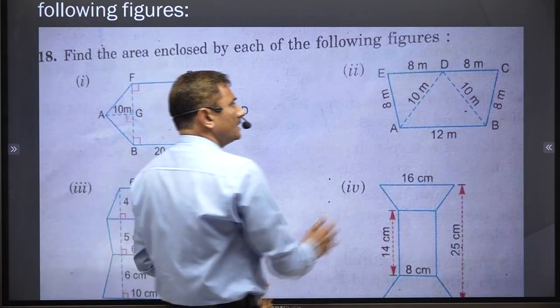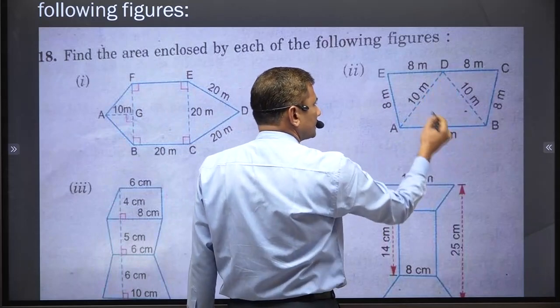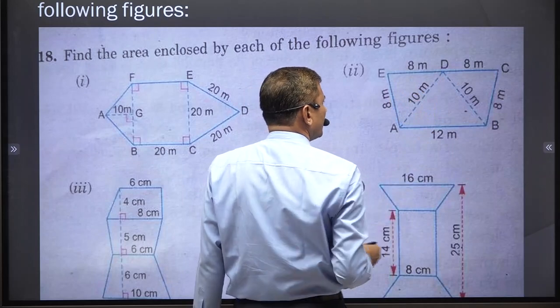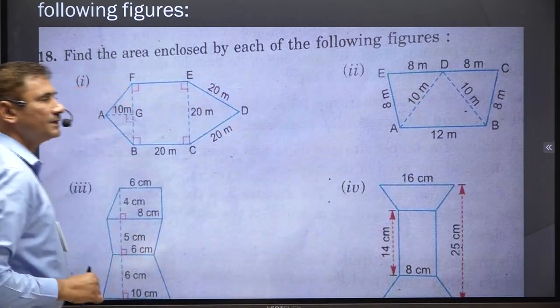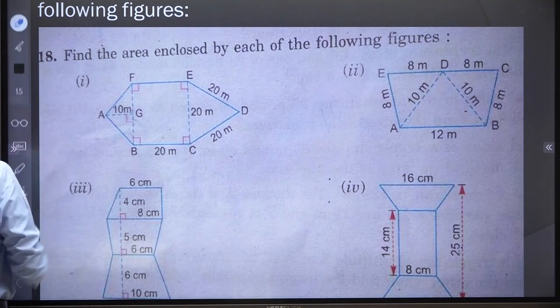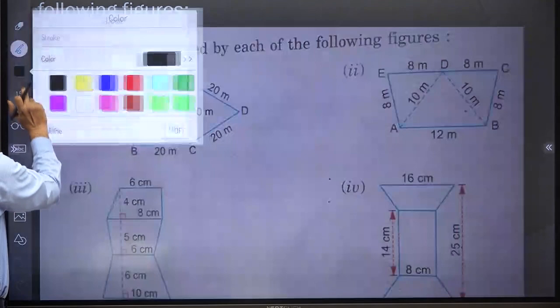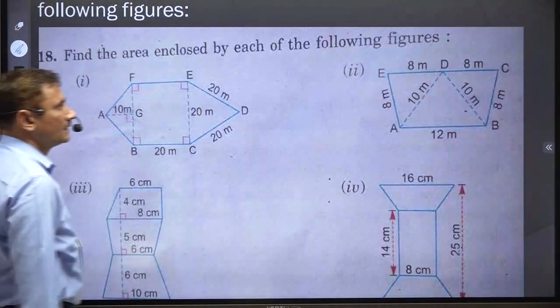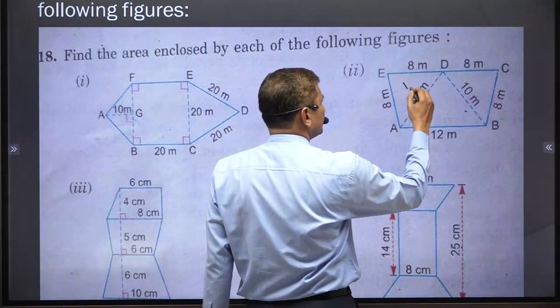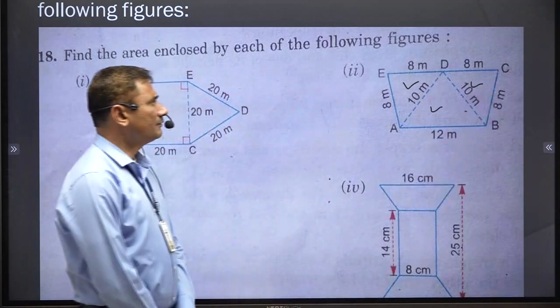But they have joined D with A and B, so automatically it is divided into three parts. So this is the first, second, and third. Now you can look one by one.